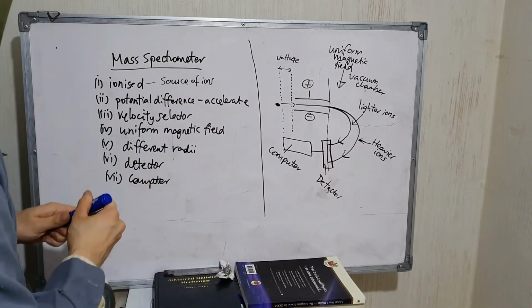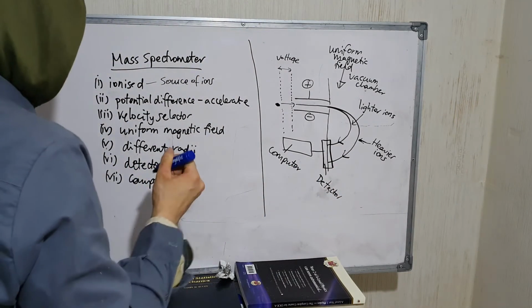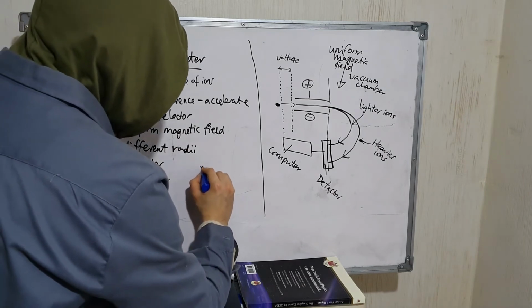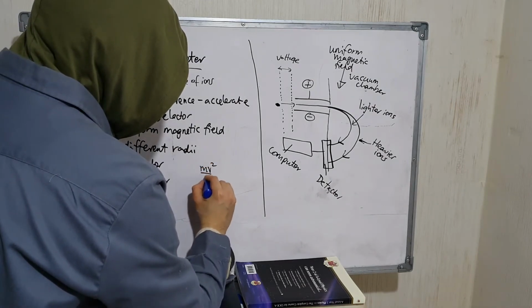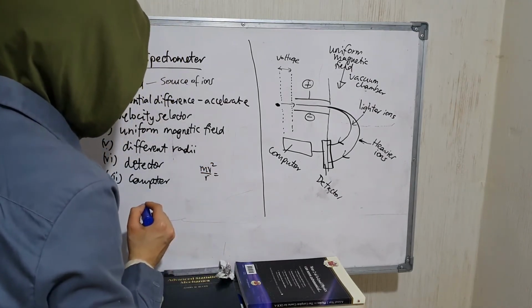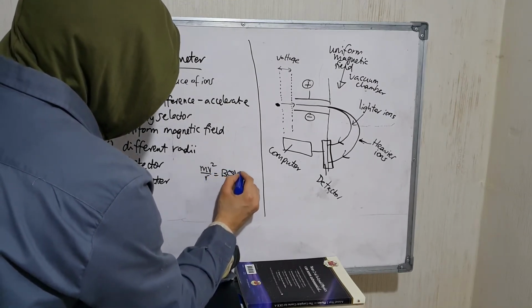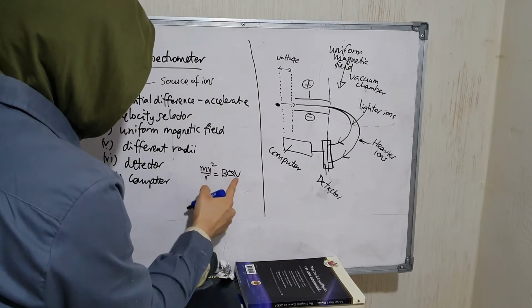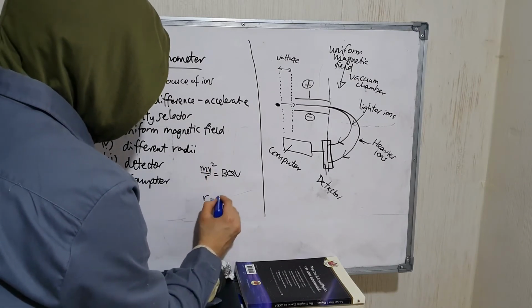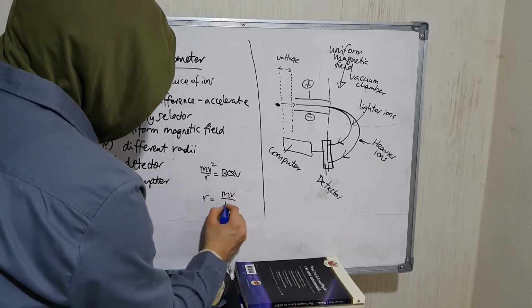All right, so what are the equations? mv squared over r is equal to BEV, or BQV. Now the v's cancel and we want r. So r is equal to mv over BQ.